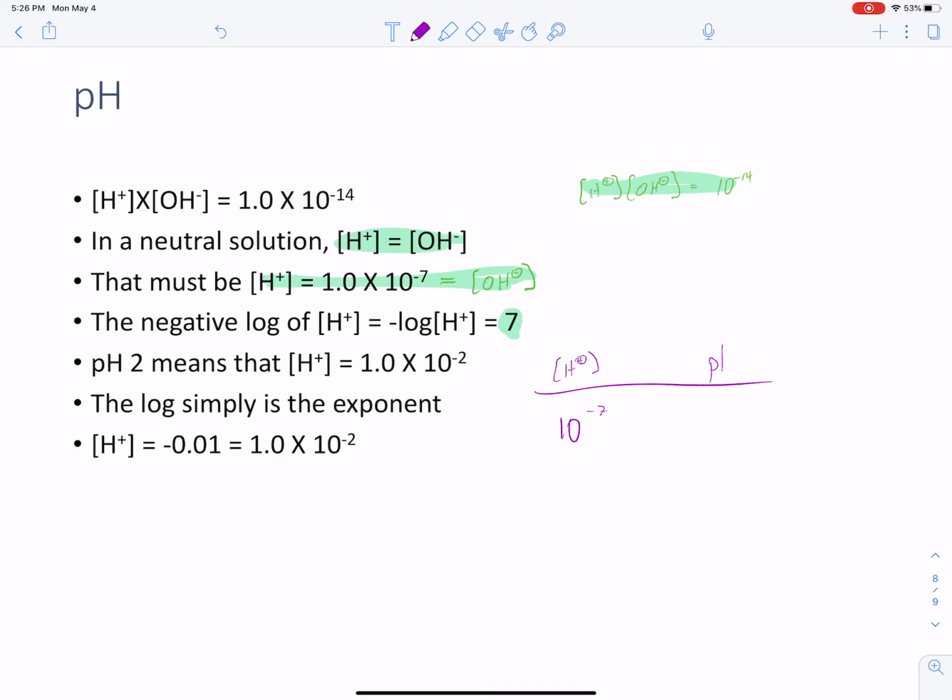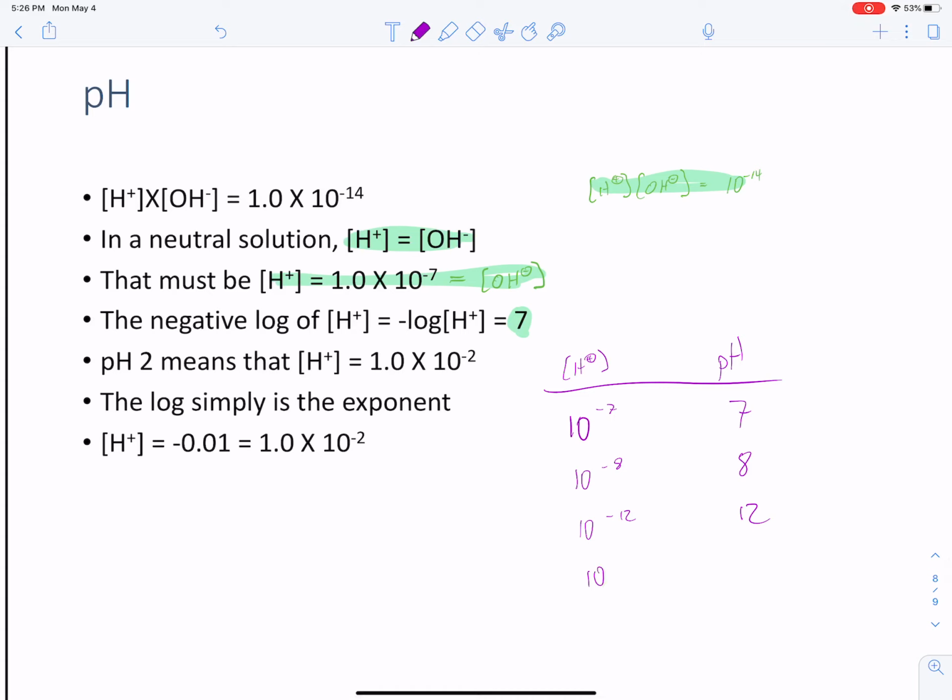What's the pH? It's going to be on the order of 7. If it's 10 to the negative 8th, the pH is 8. What if it's 10 to the negative 12th? pH is 12. What if it's 10 to the negative 3? Then the pH is 3. What if it's 10 to the negative 5? Then the pH is 5.